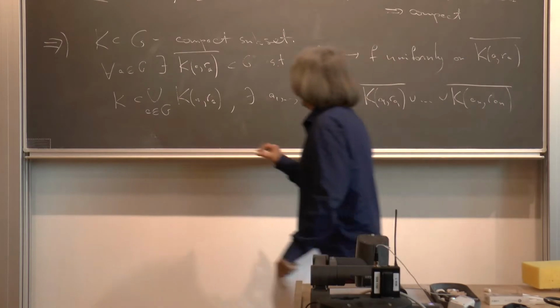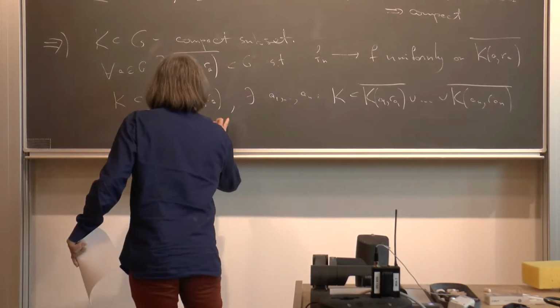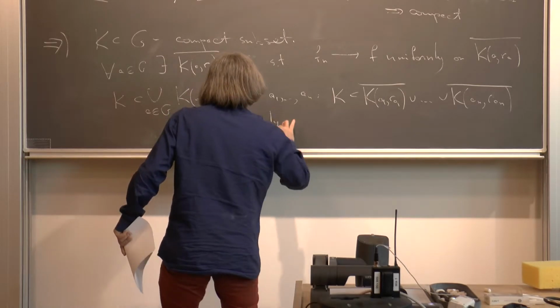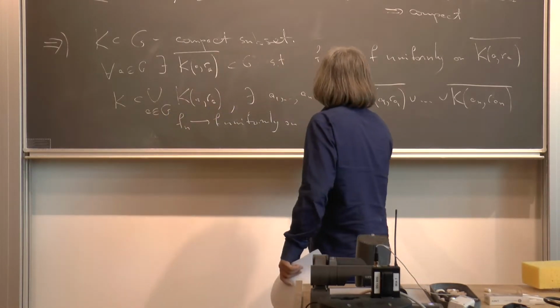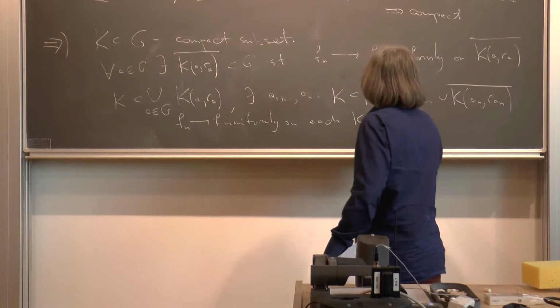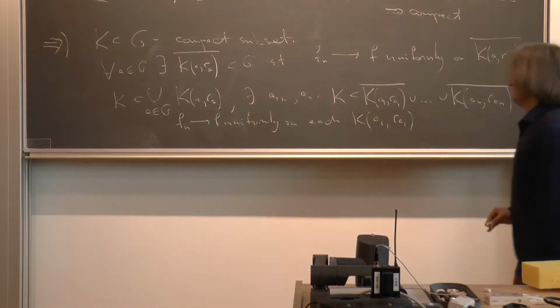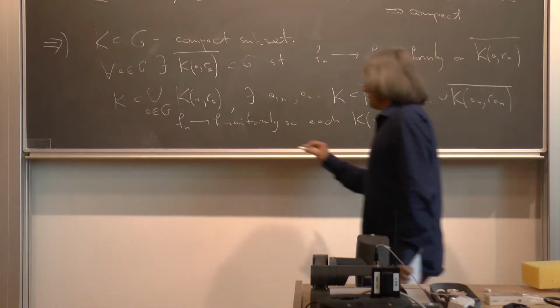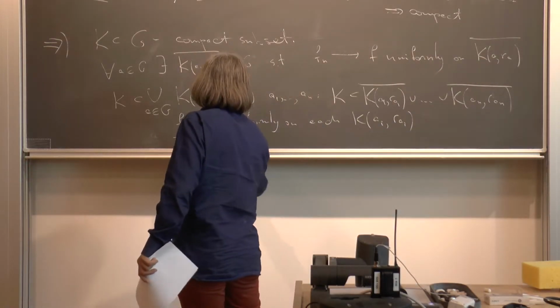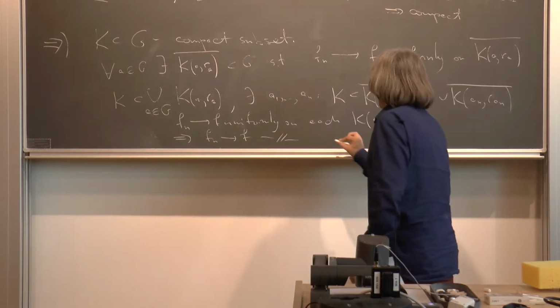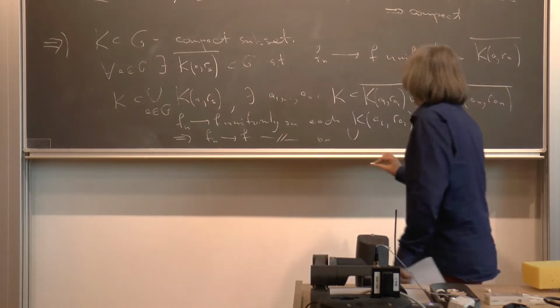So Fn converges to F uniformly on each of the closed disks around A_i of radius R_A_i implies that Fn converges to F also uniformly on the union of these. It's a finite union.